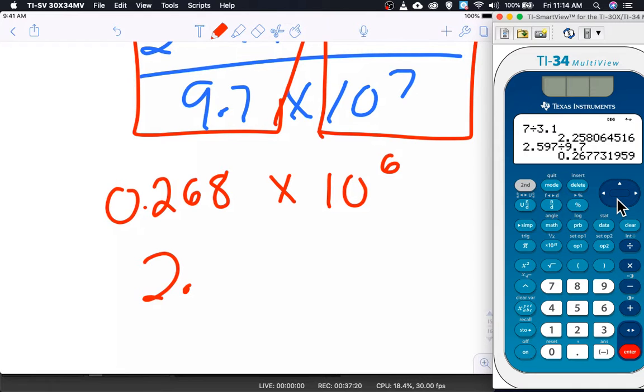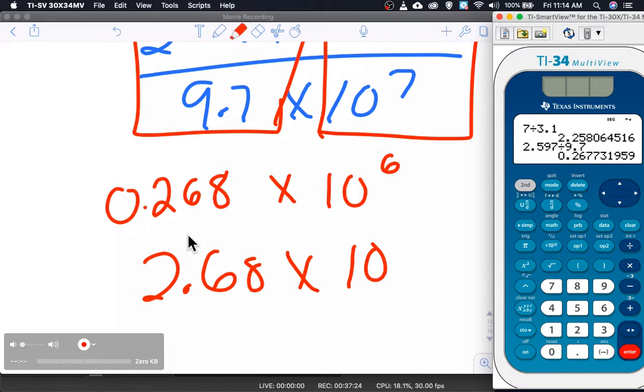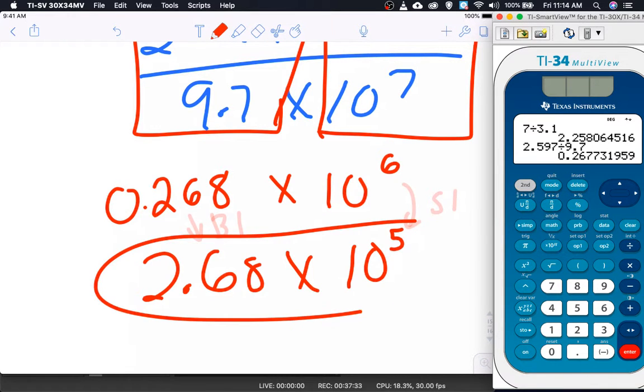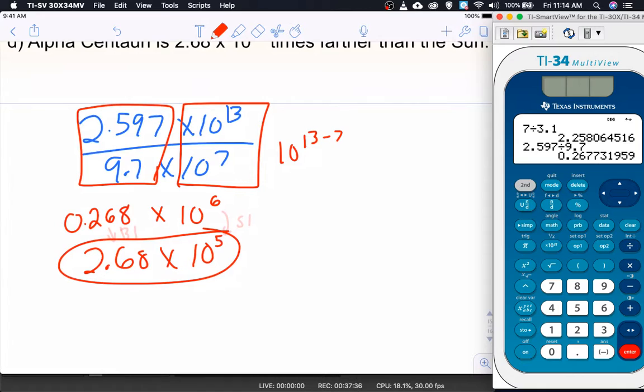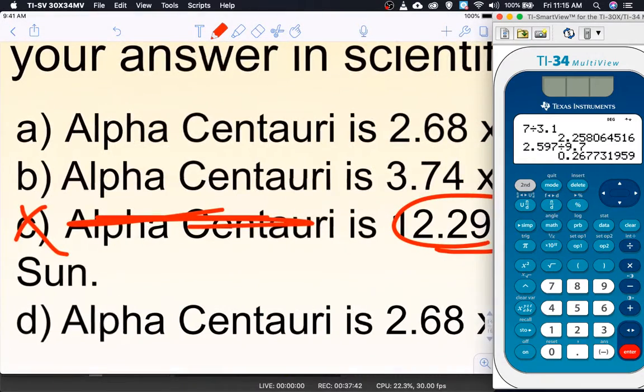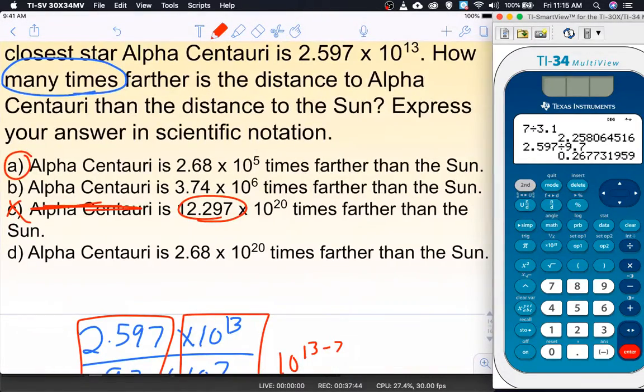So 2.68 times by 10 to the, well, this piece is going to get bigger by 1 place, my exponent gets smaller by 1 place. So I'm looking for 2.68 times by 10 to the 5th power. And that is letter A. So Alpha Centauri is 2.68 times by 10 to the 5th power times farther than the Sun.